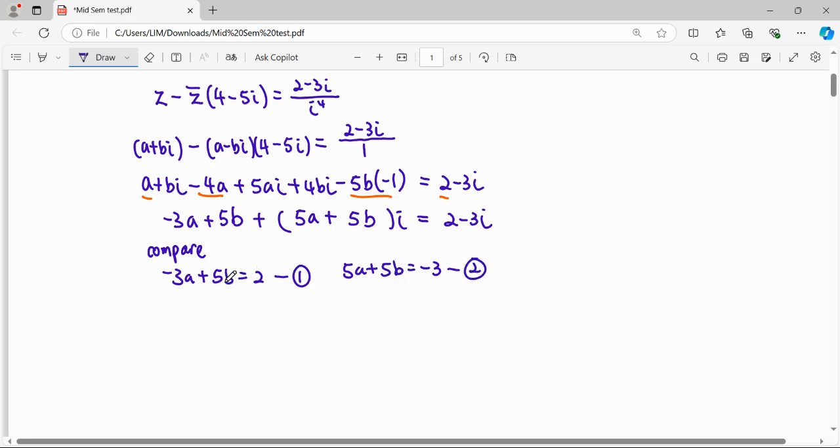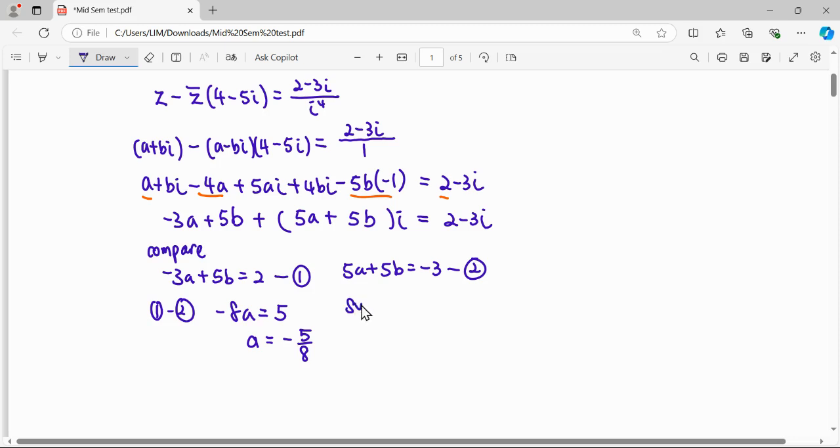We have 5b that is similar. So therefore, we will take equation 1 minus equation 2. So we have negative 8a here, and at the right hand side, 2 minus negative 3 gives us positive 5. So therefore, a is negative 5 over 8.